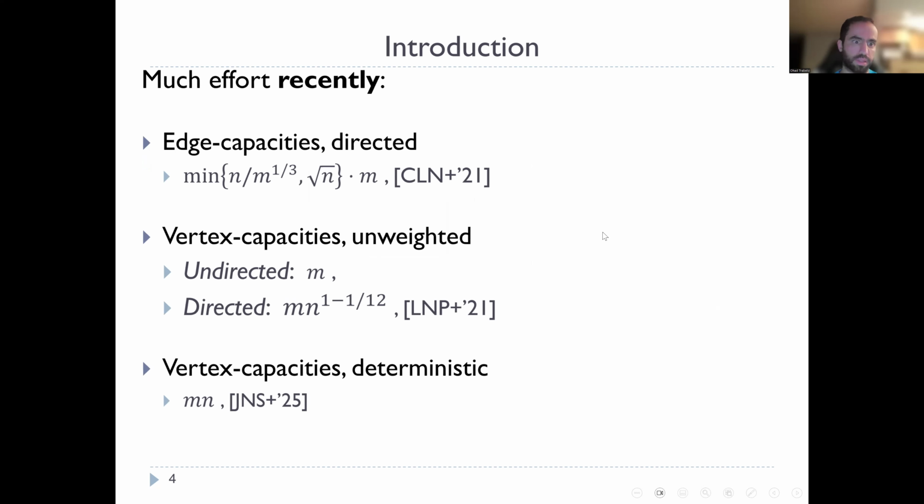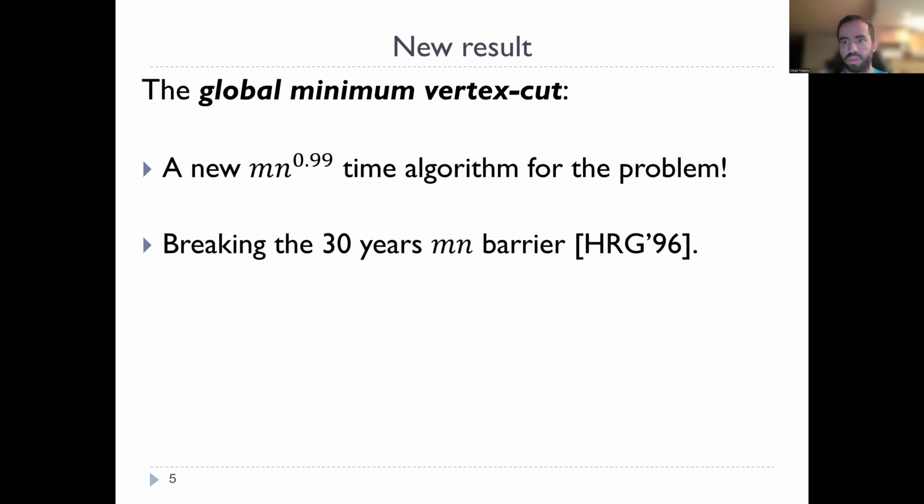Let me mention that there's been a lot of effort recently on different variants of the global minimum cut problem, whether it's directed or vertex capacities, deterministic, etc. Many exciting results.